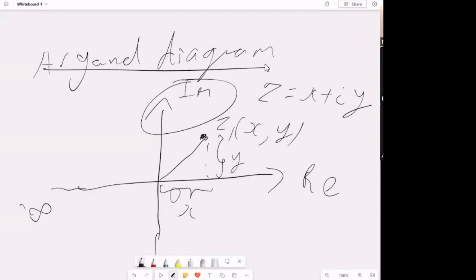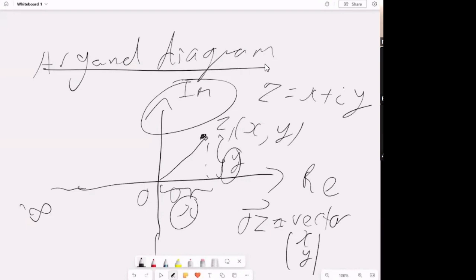So nothing much to understand, just that you need to realize that these are absolute values, these are magnitudes. Something I found interesting is that OZ itself is kind of like a vector with x and y.